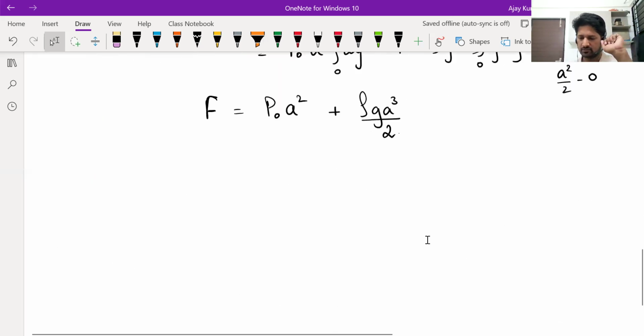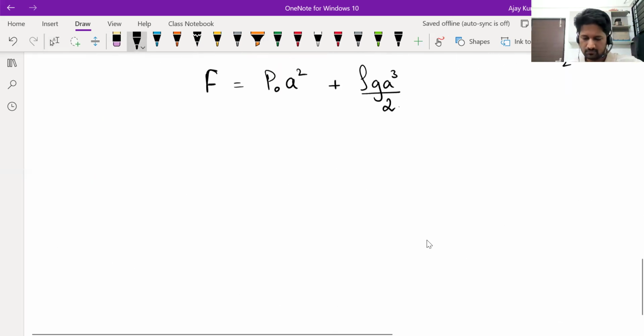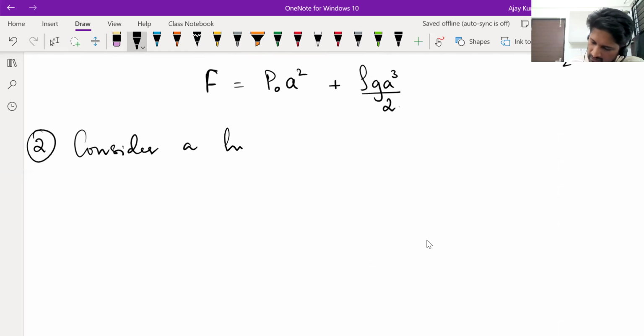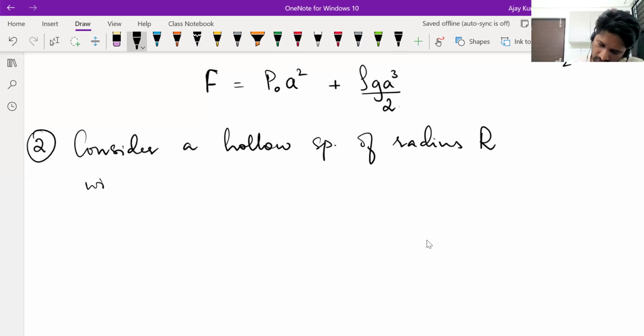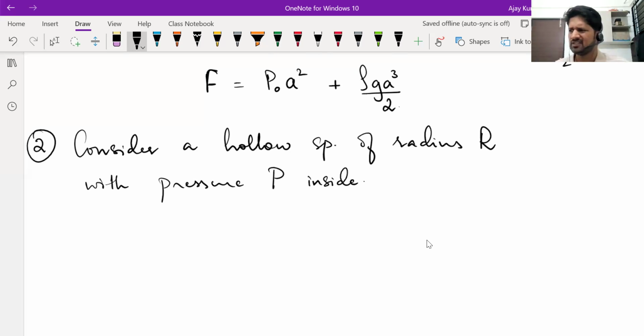Let's consider another situation. Consider a hollow sphere of radius r with pressure P inside it. You can think of it as a round balloon, or a bubble also you can consider.